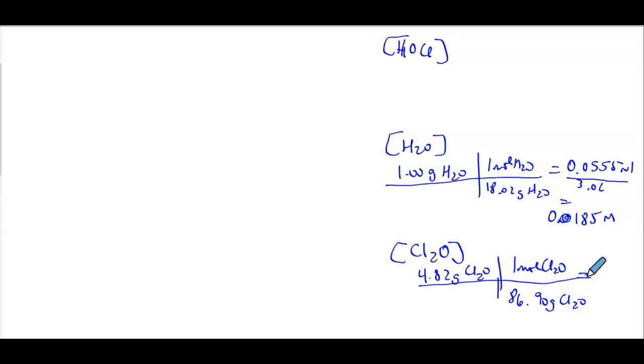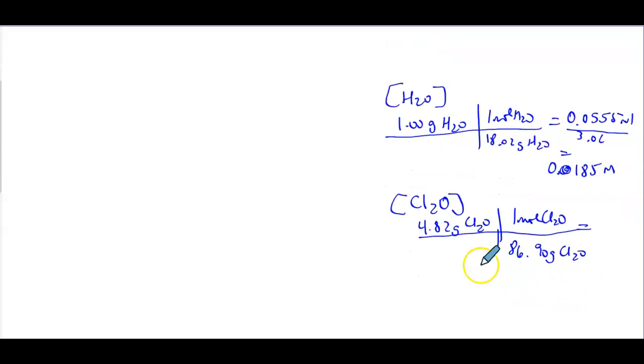So I'm going to do 4.82 divided by 86.9, and I get this to be 0.0555 moles over 3.0 liters. So I get a concentration here of 0.0185 molar.